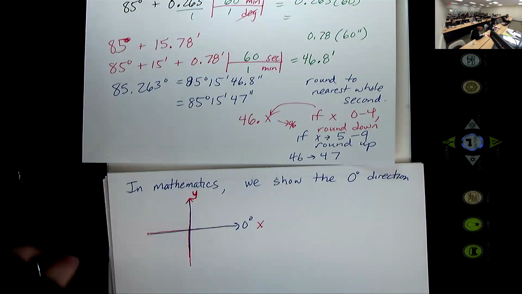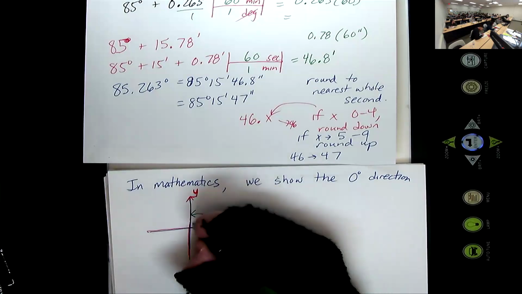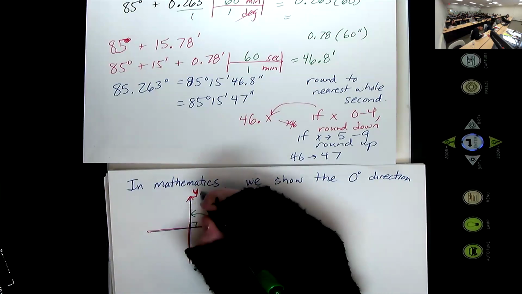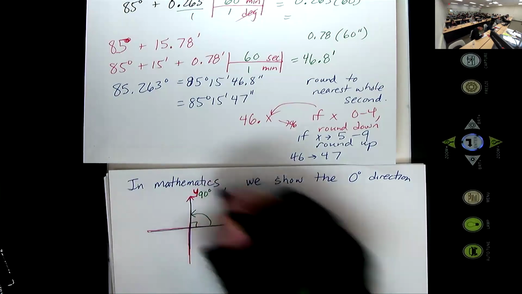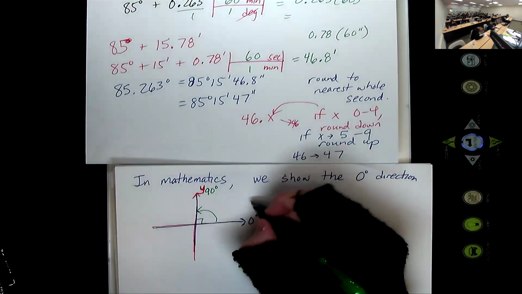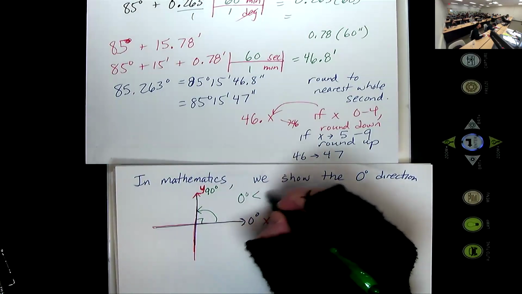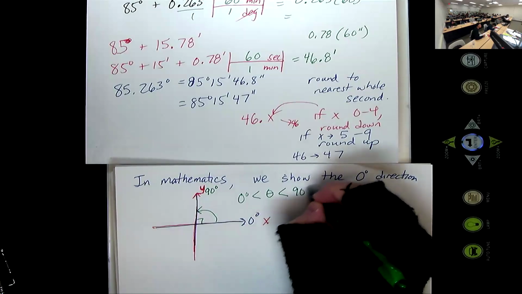And we said positive angles go counterclockwise. So going back all the way up to the y-axis, this would give us a right angle. So the y-axis is at 90 degrees. So any angle in this entire region is between 0 degrees and 90 degrees.